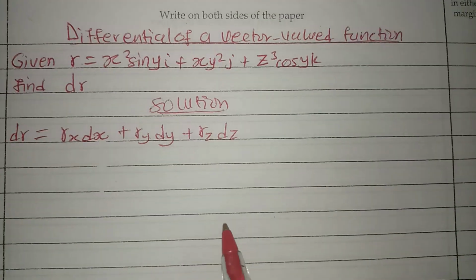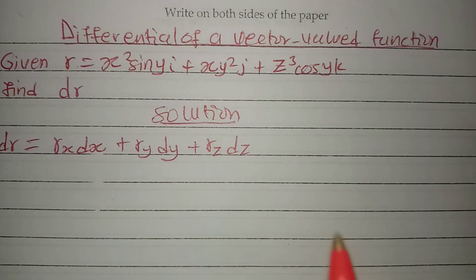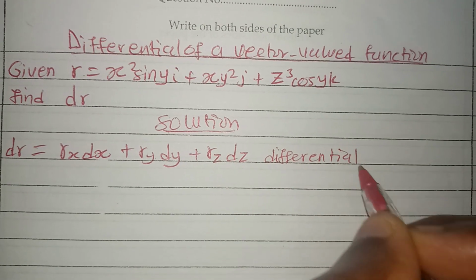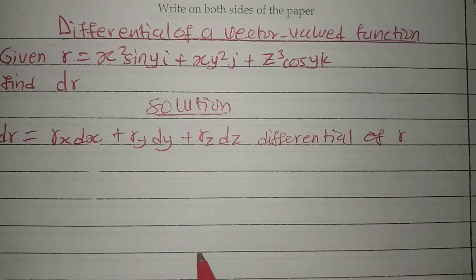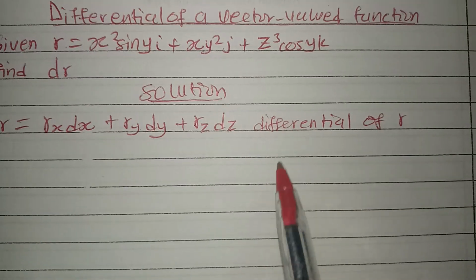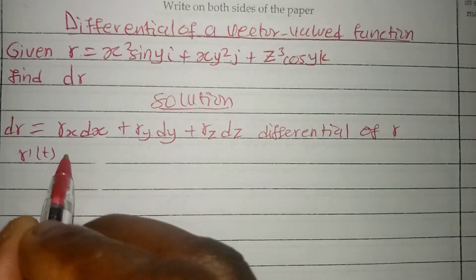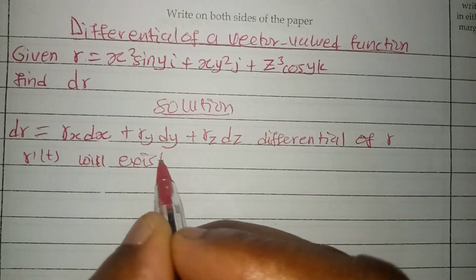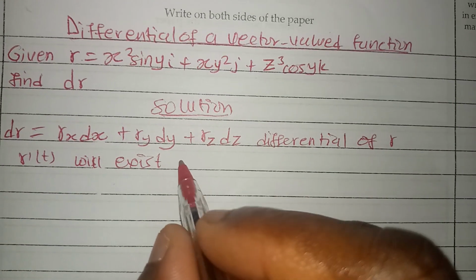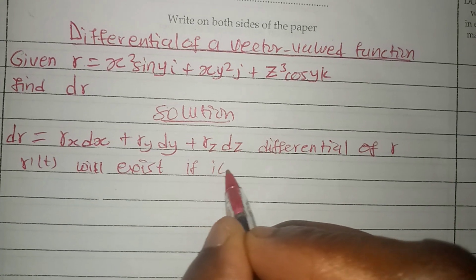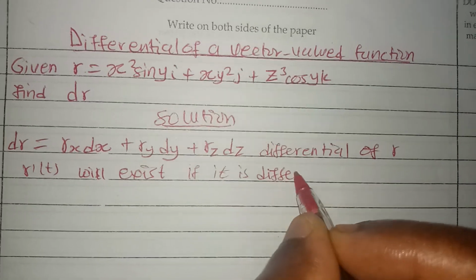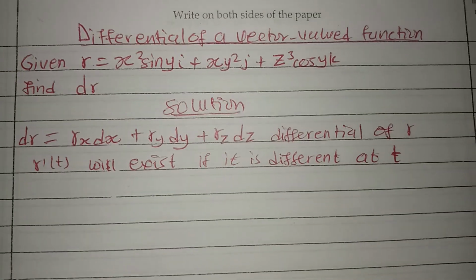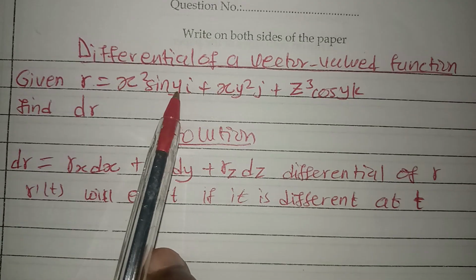And this is the differential of R. So if this is a differential of R, that means R prime of t will exist if it is differentiable at t.